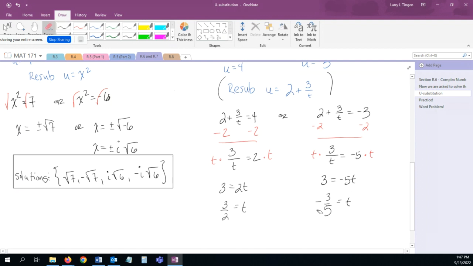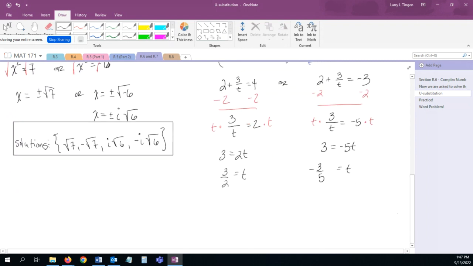And t is equal to -3/5. I have checked both of these for solutions just to make sure. So the solutions, which do check, are 3/2 and -3/5.